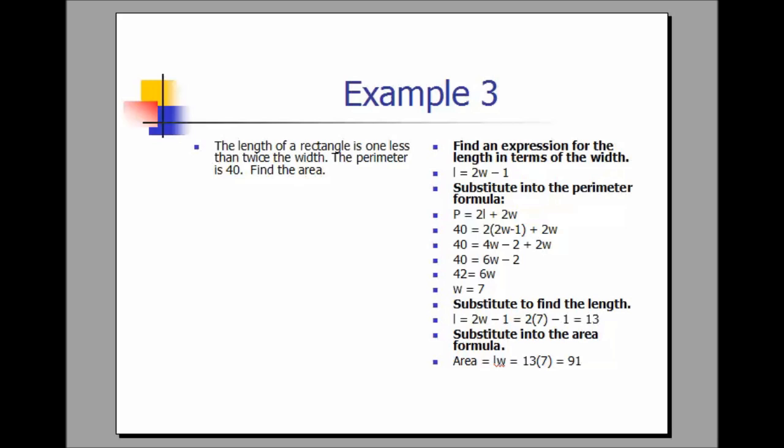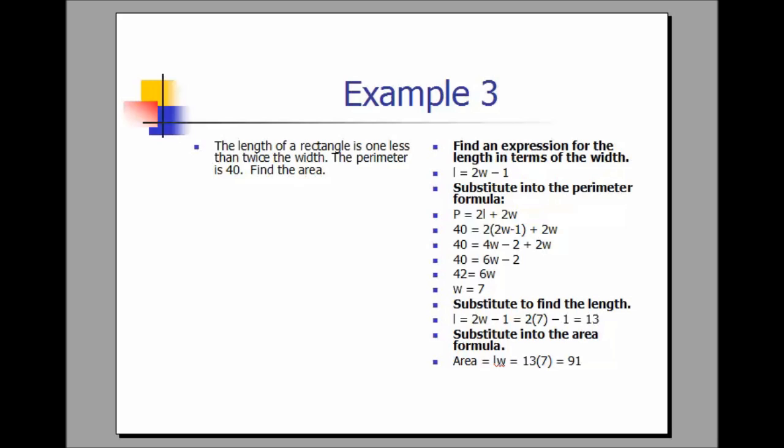Therefore, L equals 2W minus 1. We substitute into the perimeter formula P equals 2L plus 2W. We replace L with 2W minus 1. At this point, we have 40 equals 2 times parentheses 2W minus 1, close parentheses, plus 2W.